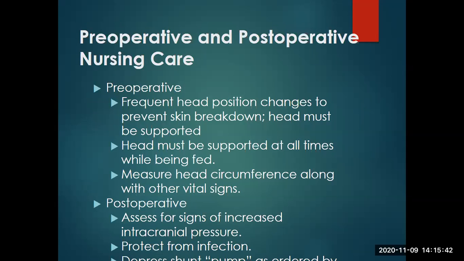The post-op care, so what do we do now? As nurses, of course, you're going to prepare as a pre-op. Most often surgical correction can be accomplished in utero via fetal surgery or shortly after birth to prevent any type of brain damage by increased intracranial pressure, or ICP.